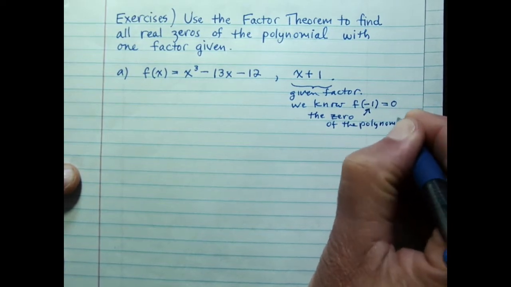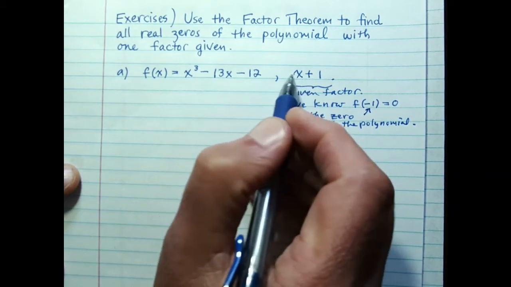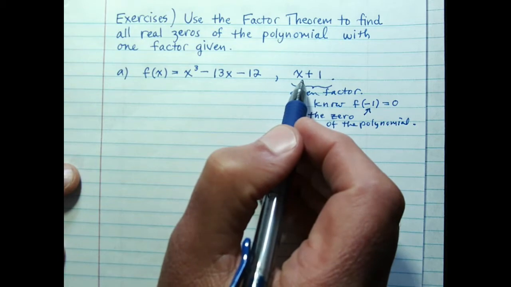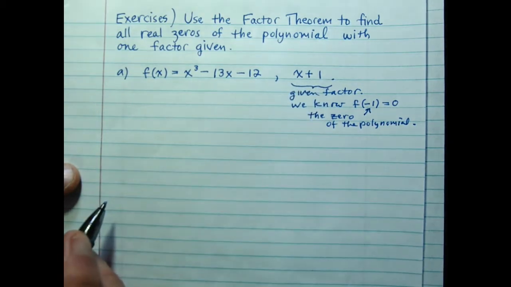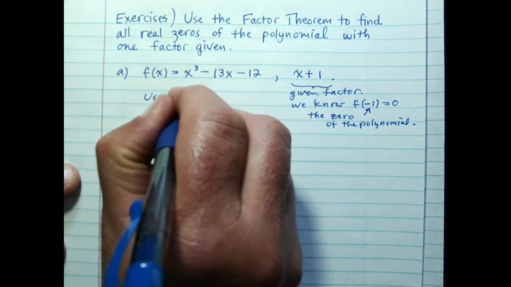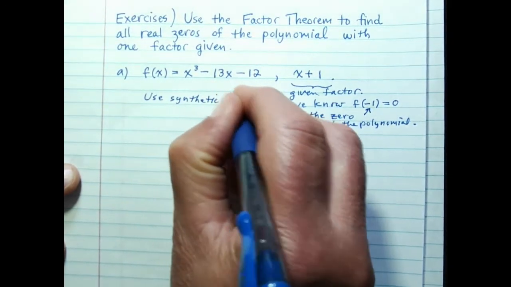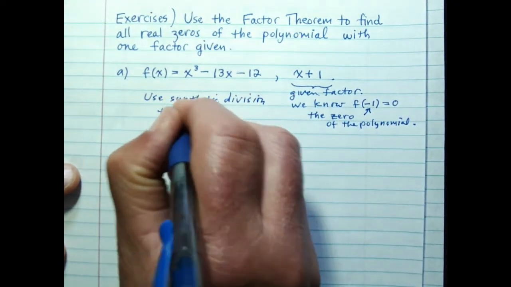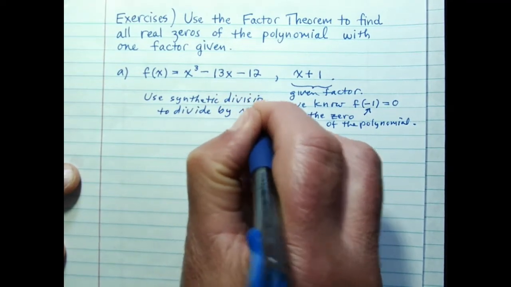When we see those factors given, you have to remember the sign is going to be different, because the value of the 0 is the number you could plug in here to get 0. So when you plug in negative 1, negative 1 plus 1 is 0. So we're going to use synthetic division here to divide by x plus 1.